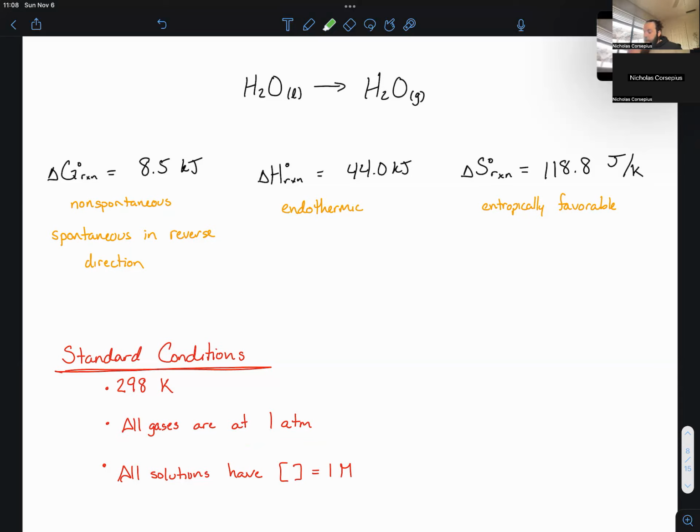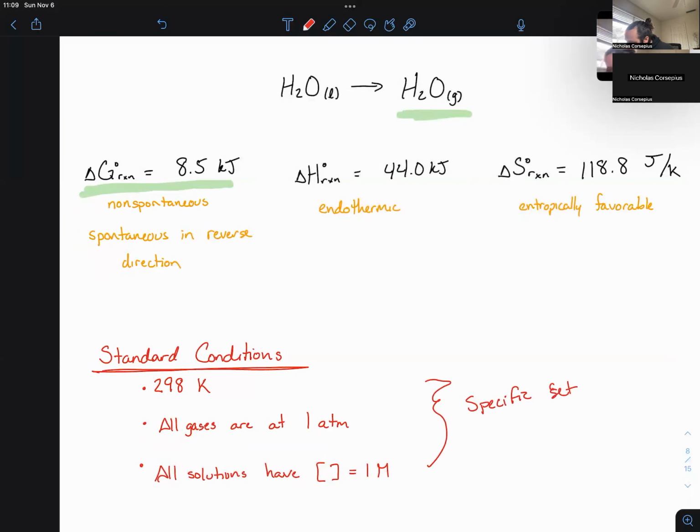Right. So because I'm not at that 1 atm of gaseous water pressure, I can't actually just look at this delta G naught. I'm going to have to look at another quantity here. And we're going to talk about that here in a second. Okay. But importantly, worth noting that standard conditions are a very specific set of initial conditions.